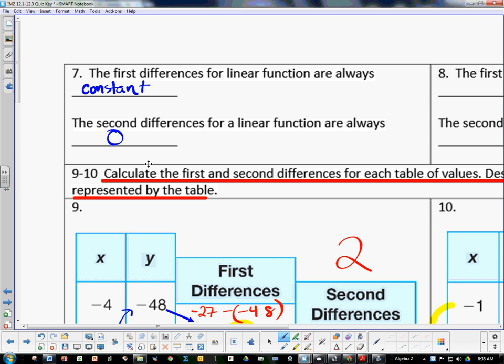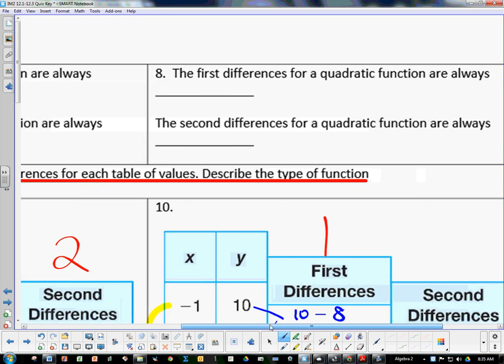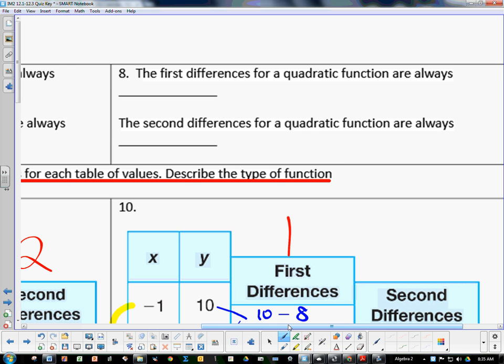Let's take a look at number 8 here. The first differences for a quadratic function are always different. And the second differences for a quadratic function are always constant, the same. I do not mind if you write the same. It's fine.